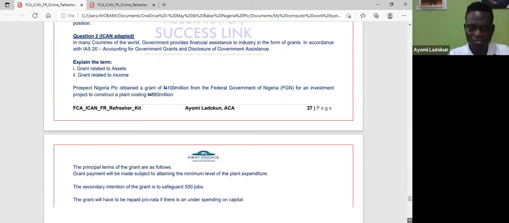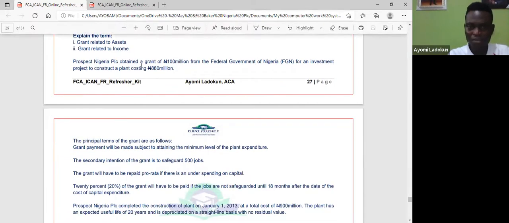Say Prospect Nigeria PLC obtained a grant of 100 million from federal government of Nigeria for an investment project to construct a plant costing 880 million.